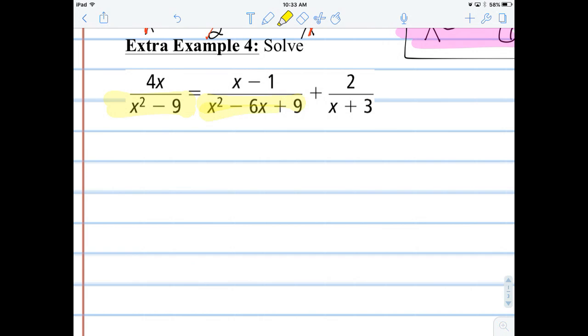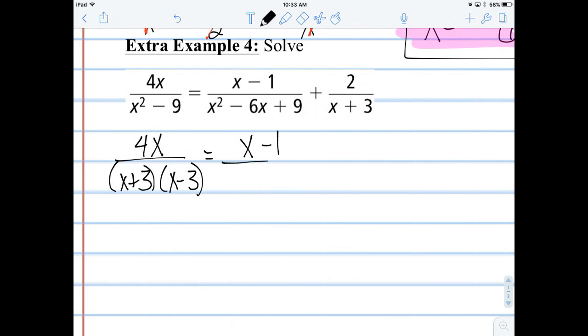I think this one will too. So let's go ahead and factor them. My 4x is still my numerator. My denominator would be x plus 3, x minus 3. x minus 1. Let's look at this denominator. This would be x and x, multiplies to 9, negative 3 and negative 3.